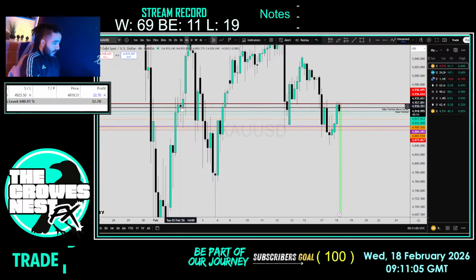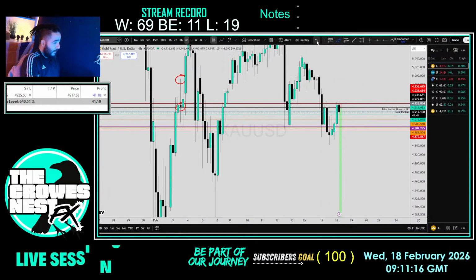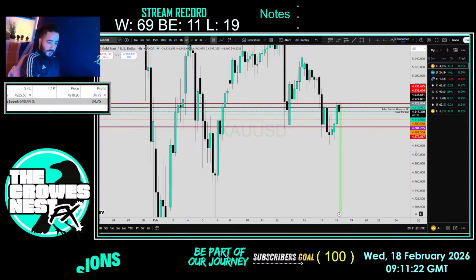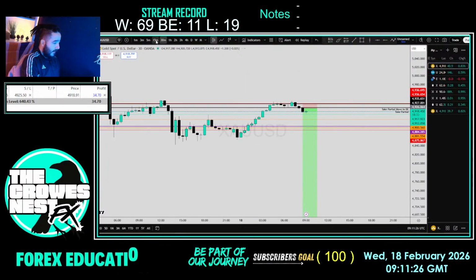But this is only if we close bearish on the 4. If we look at this bearish 4 close, it'd already been up to this level and we haven't done that. So yeah, we could flip at any point on the 4. But I can see a fake out going on here. We'll soon know if we get stopped or not. But yeah, we are risk free, guys. I have took partial.